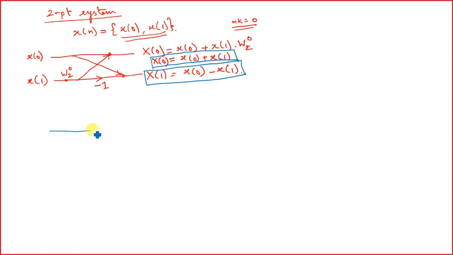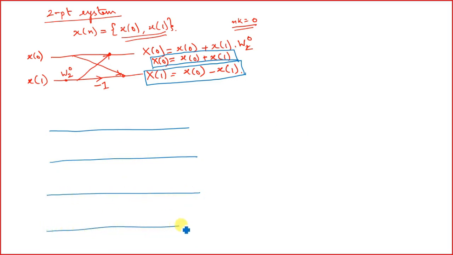4-point DFT. In the 4-point DFT, what we do basically is that we first perform 2-point DFT.